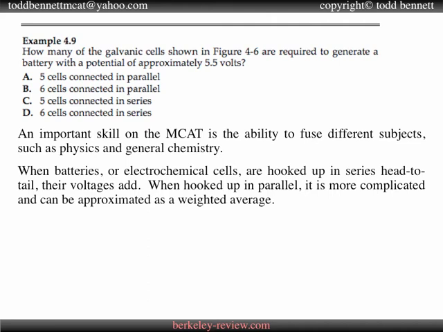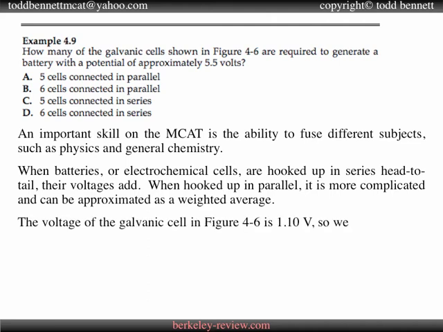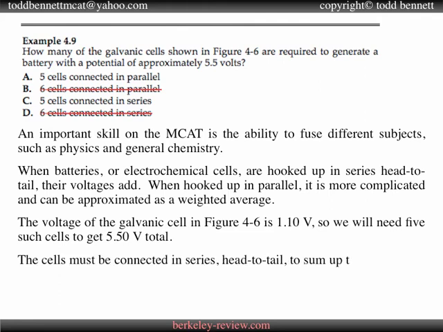So you have to have 5 hooked up in series. That part we get. And then the second part is picking series over parallel. So they have to be in series to add up 1.1 plus 1.1 plus 1.1, etc. So 5 cells hooked up in series. Again, physics mixed in with chemistry, you have to be able to do those things. So this question may seem out of place. It's meant to just keep you on your toes.